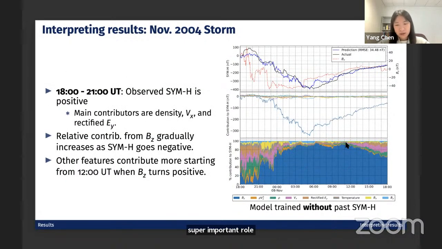So we look at the case where we're not including the past Sym-H as part of the predictors. In this case, again, the BZ is a super important factor for the entire duration of this storm. And also we see a non-negligible contribution from the density, Vx, and rectified EY.